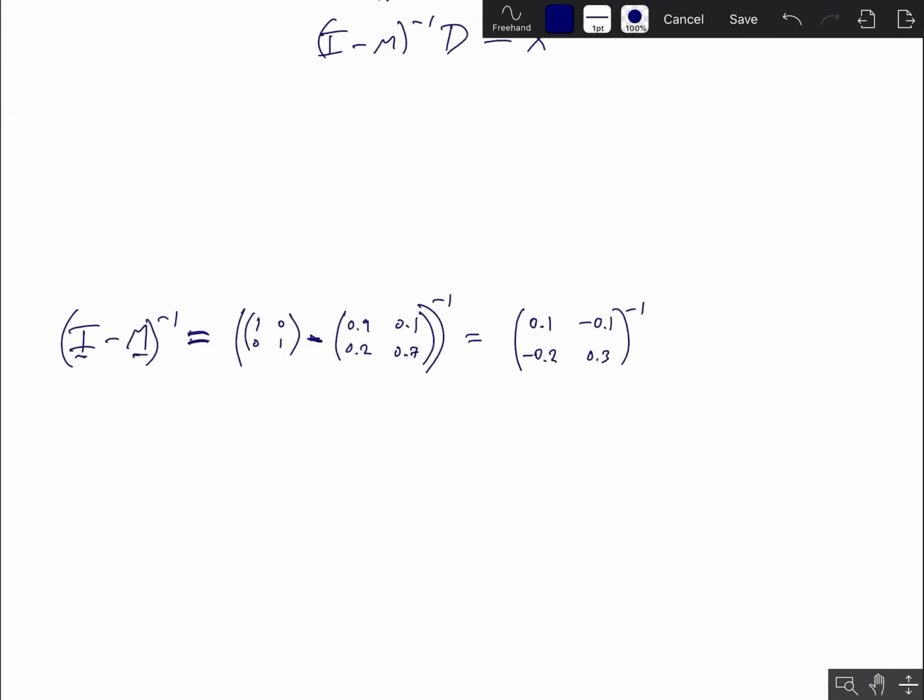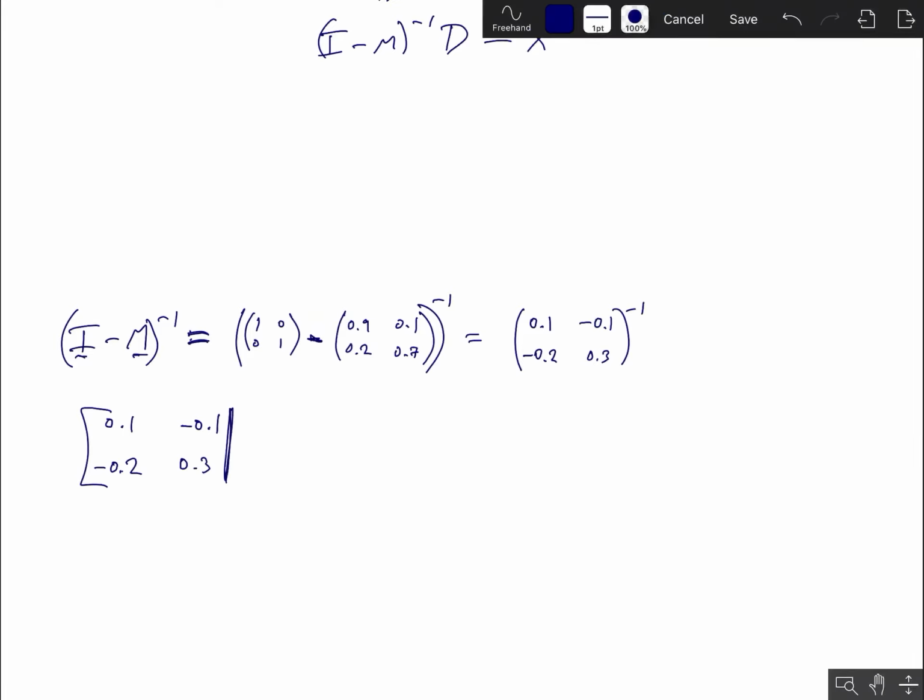And now in order to compute this inverse, I will compute the inverse using the row reduction strategy, which we talked about, I guess, last week. So here we have the original matrix, which is what we want to invert.